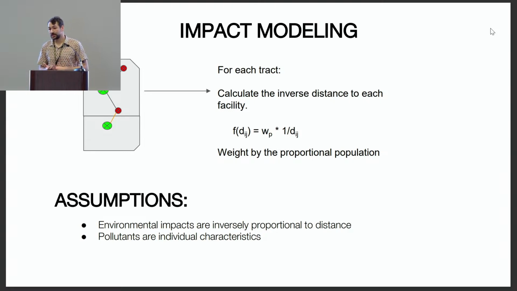This has a few assumptions integrated into the model: that the population is equivalently distributed and that the impact is equivalently or inversely distributed. Both of those assumptions may not be true depending on the pollution.